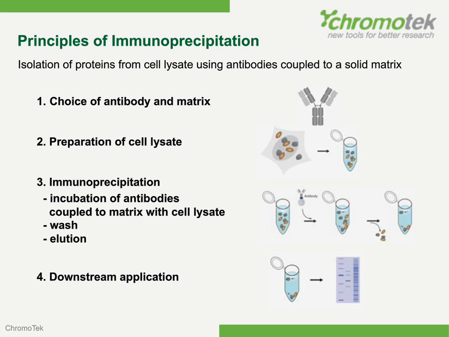After incubation, you wash away all unspecific bound proteins. And finally, you can elute your protein of interest from the beads. Your eluted protein of interest you can then use for all kinds of downstream applications.